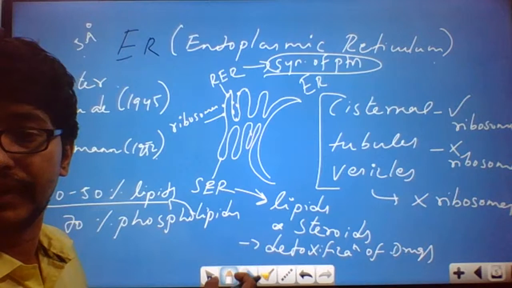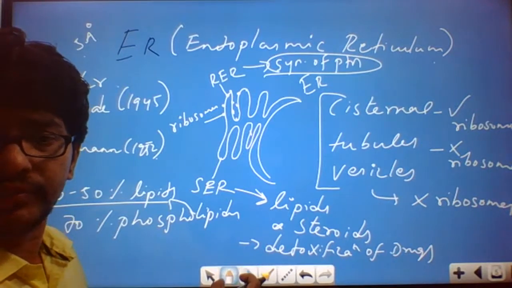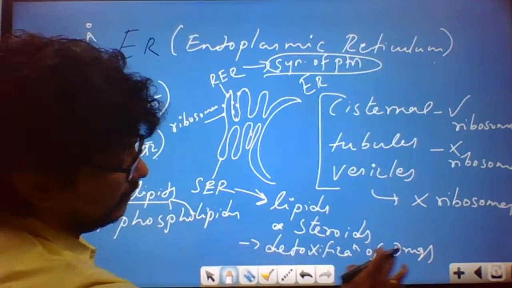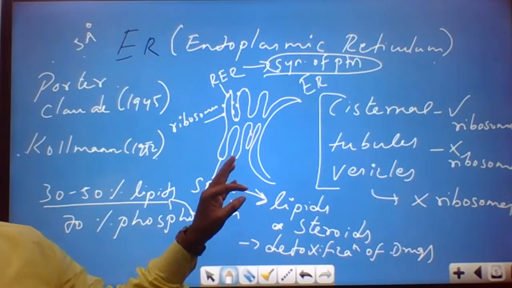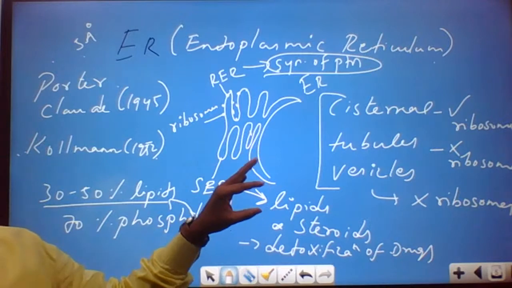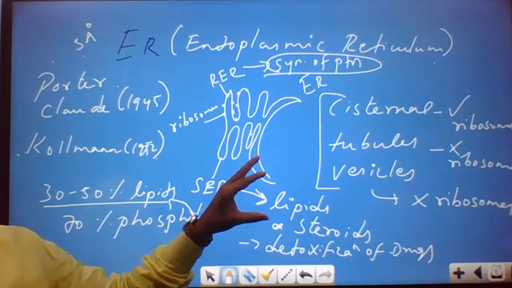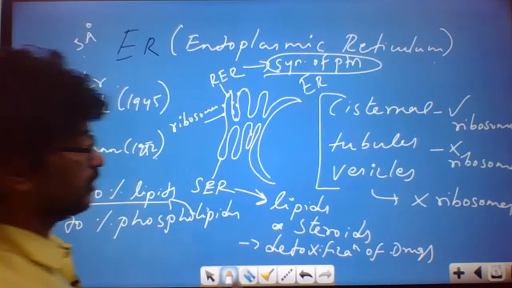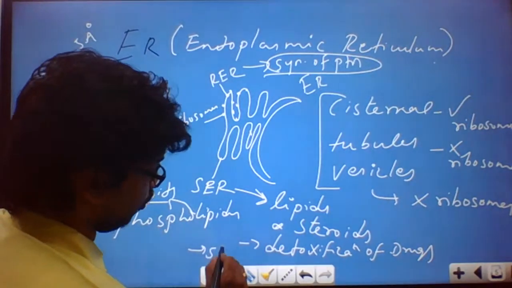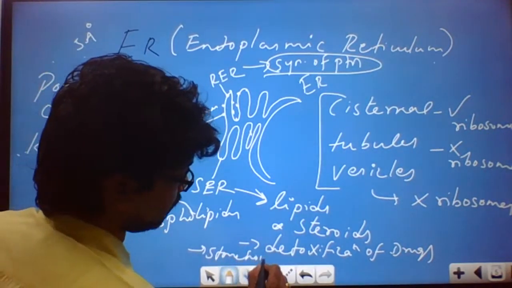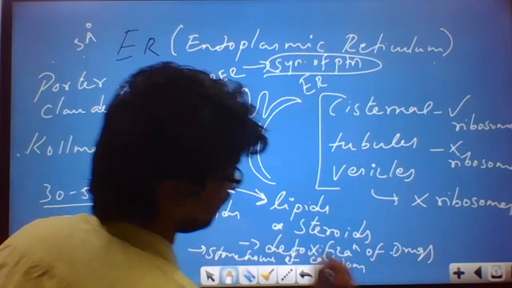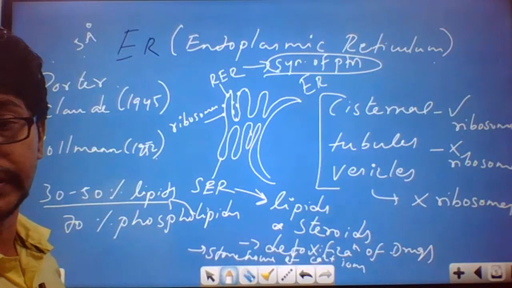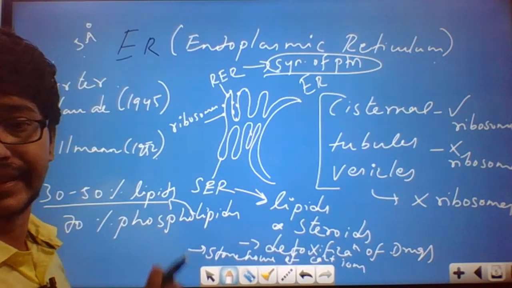The smooth endoplasmic reticulum is responsible for detoxification of drugs, and also for synthesis of steroid hormones, and it also acts like a storehouse of calcium ions. These are the very specific functions that you could see in this case.